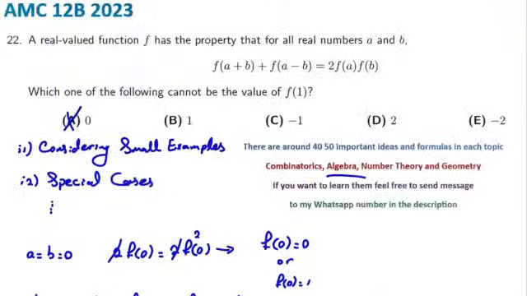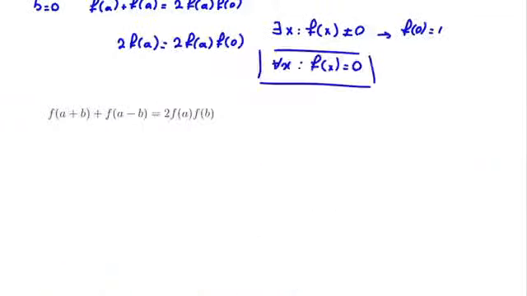Now let's consider other things. Let me copy this equation. For example, here we can consider a equals b. Then f of a plus b, which is 2a, plus f of 0 equals 2f of a whole squared.